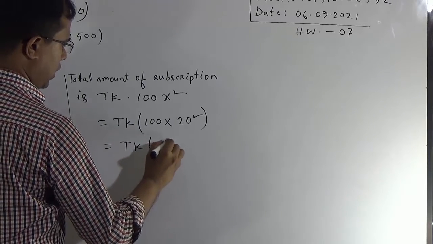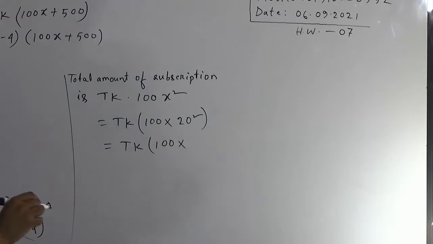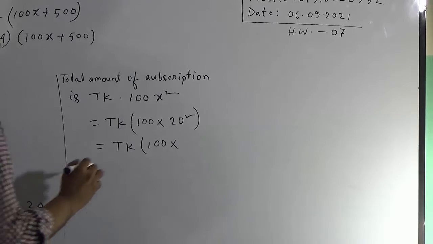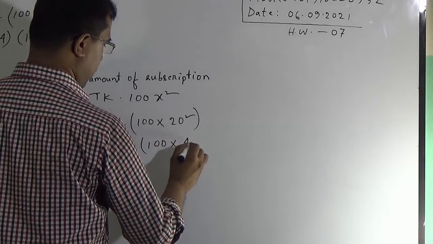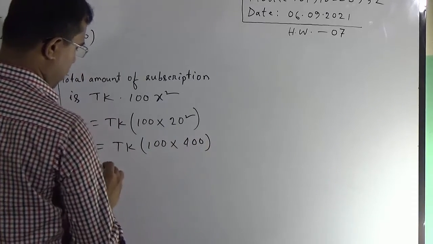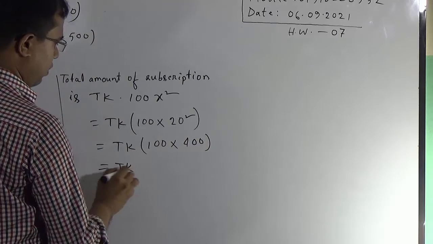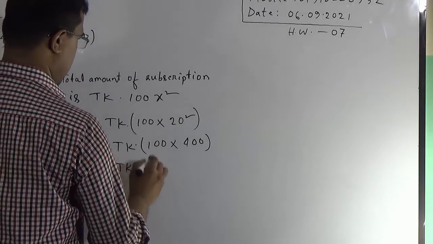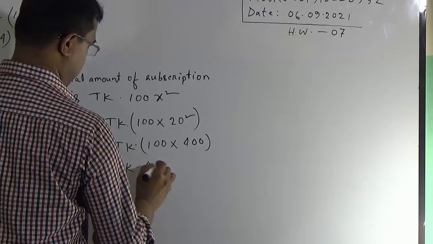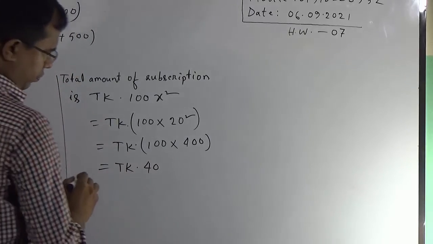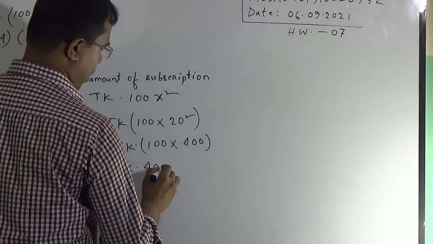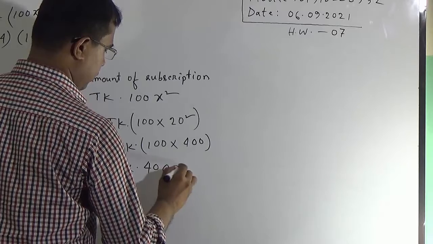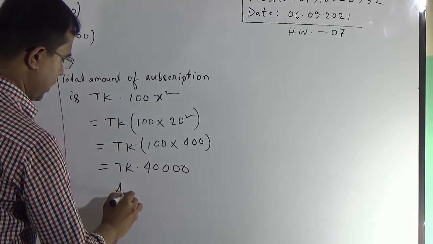TK 100 multiplication, dear students, 20 square equal to 400. This is equal to TK, if we multiply 400 by 100, then it will be 4000. Sorry, 40,000. It will be 40,000. And this is another answer.